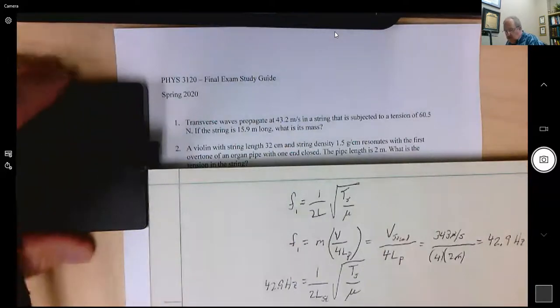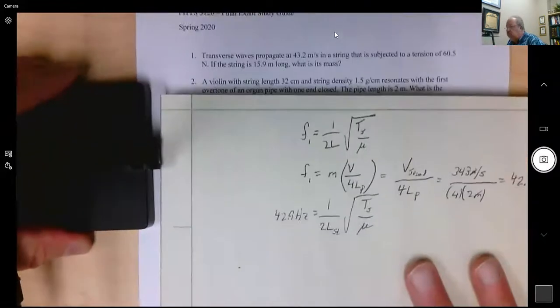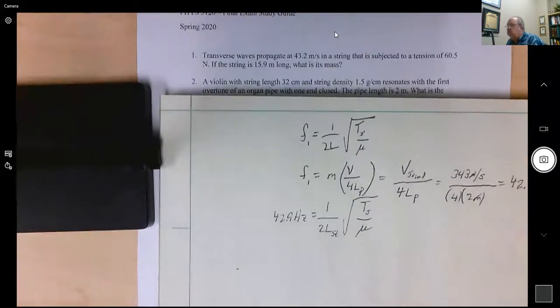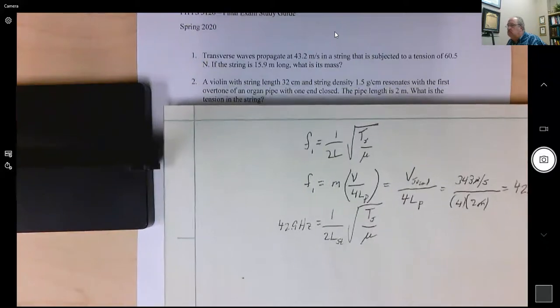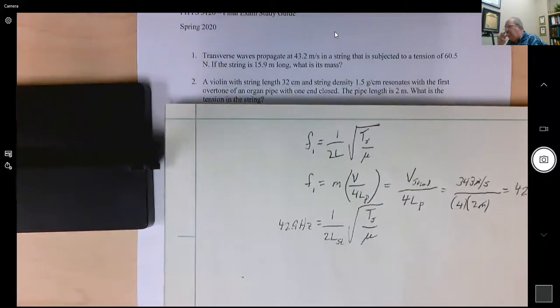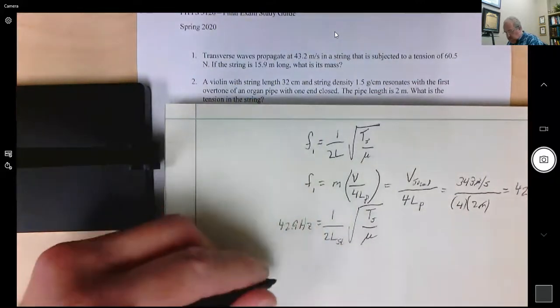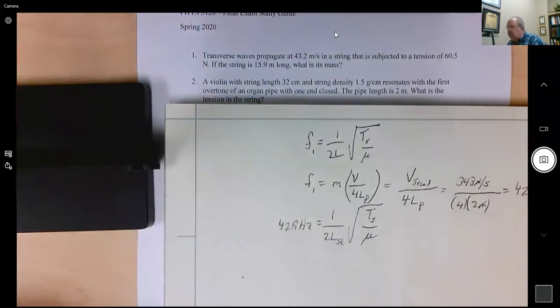I know my string length is 32 centimeters, and well, wait a minute, let me rearrange this so I can solve for the tension of the string.